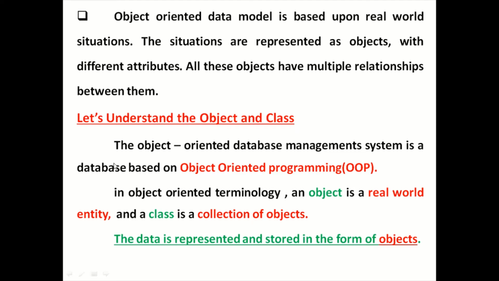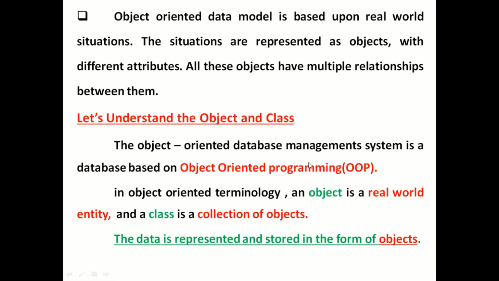Now let's see the important terms in the object oriented data model. Let's understand the object and class here. The object oriented database management system is a database based on object oriented programming. So this entire data model is completely based upon the object oriented programming concepts, the OOPS concepts.